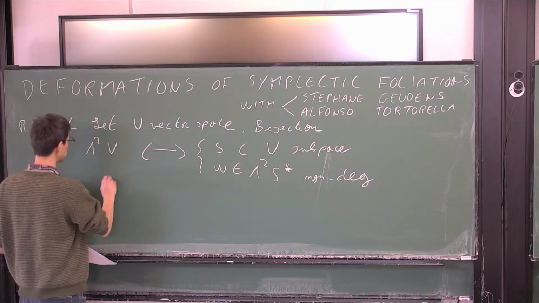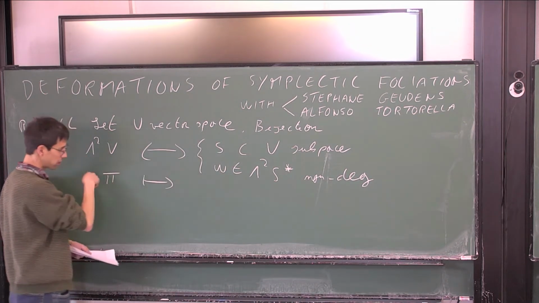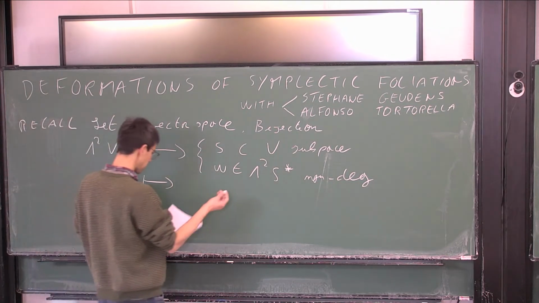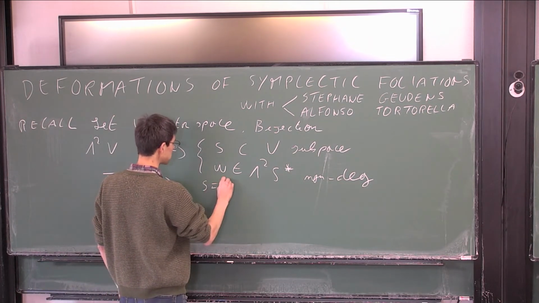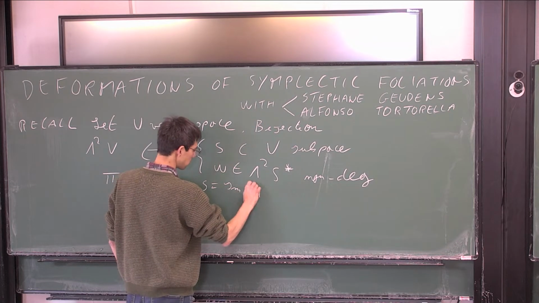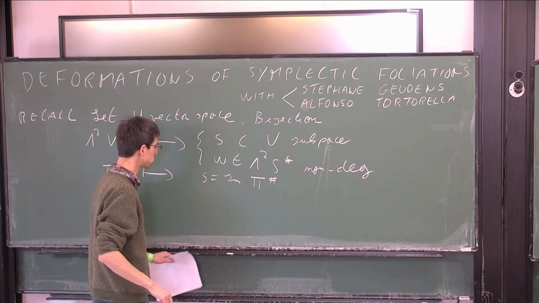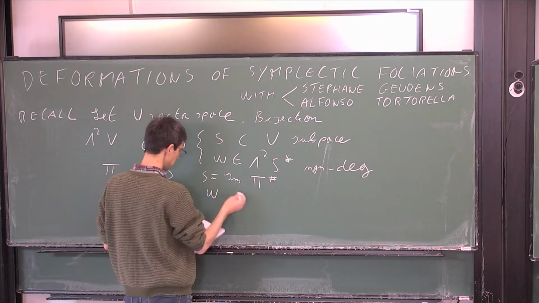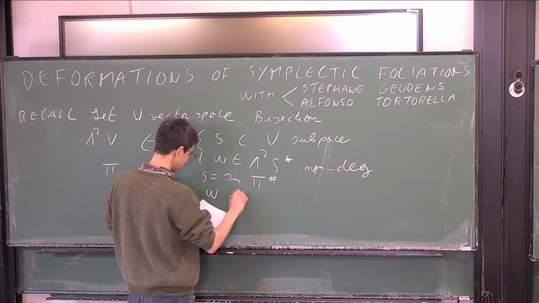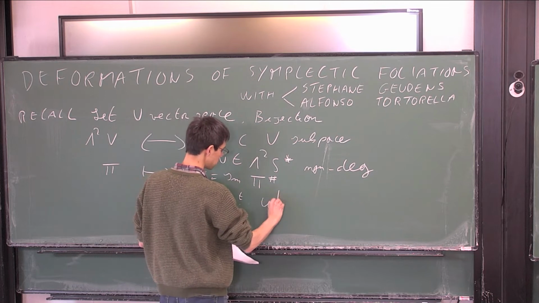How does it go? If I have a bivector pi here, then S is just the image of the contraction with pi, which I will also always denote with this notation. And omega is obtained by inverting pi in some sense.